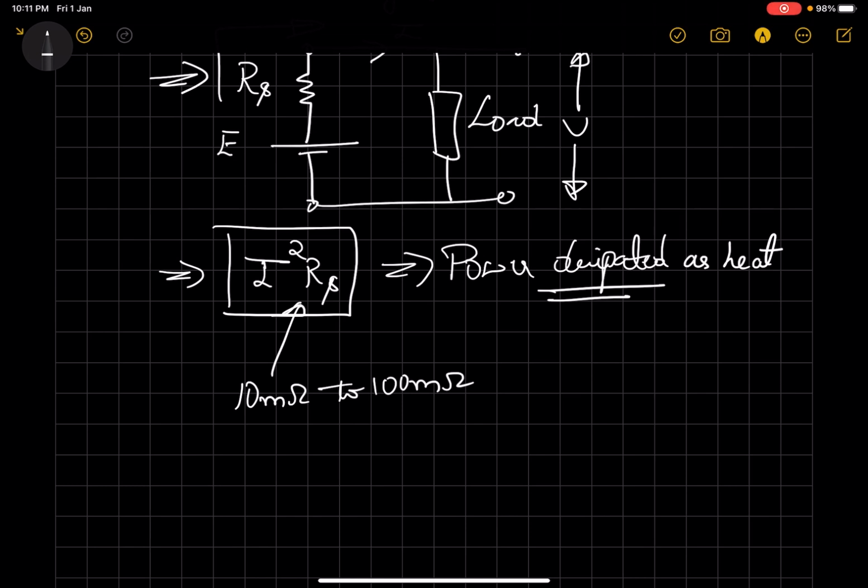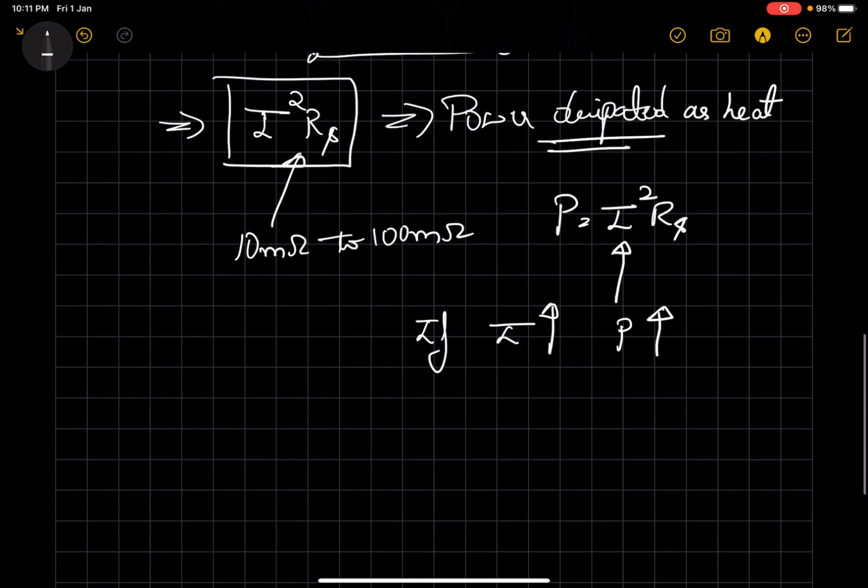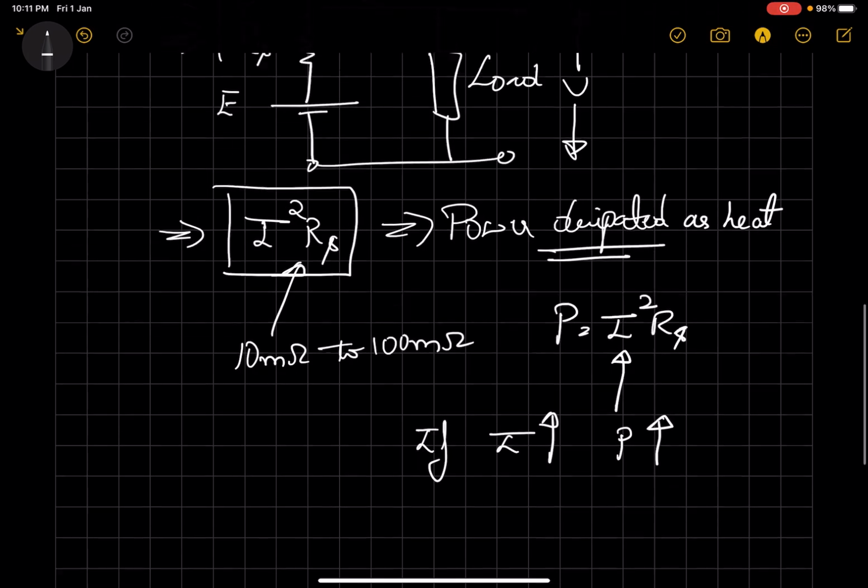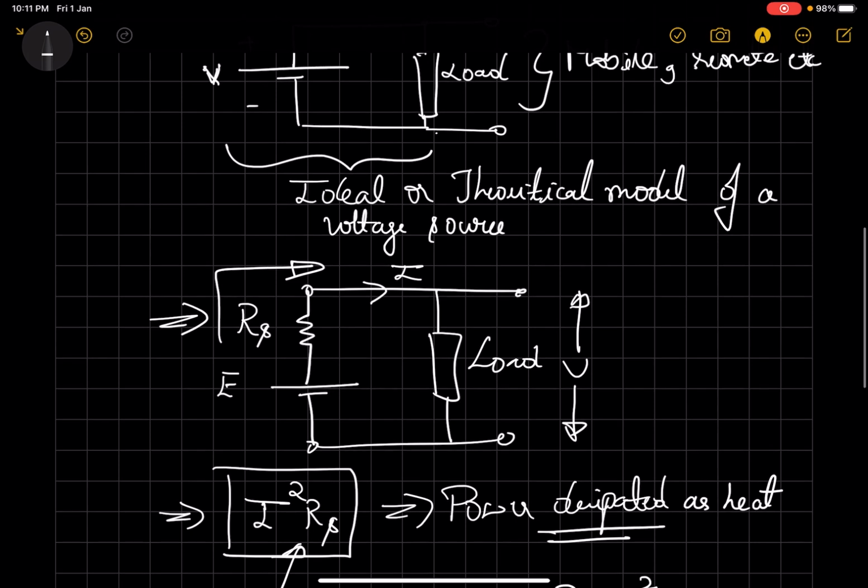The factor that is going to change the power will be the I square component. If the current increases in the circuit, power loss also increases, as you can see from the previous formula. So if the load tries to draw more current, there will be more power dissipation in the resistance.